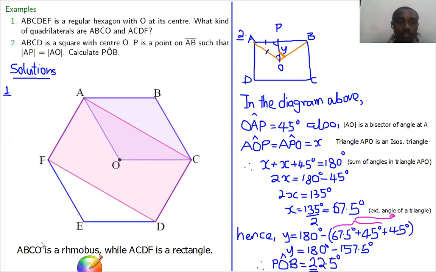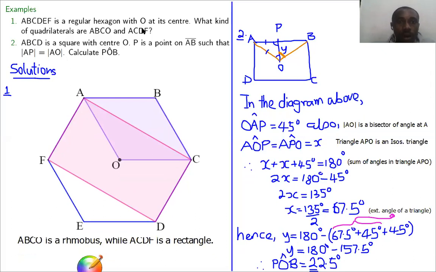Then we're told what kind of quadrilaterals are ABCO. I drew this shape using GeoGebra and imported it into this writing platform. So if you can, let's look at the purple line from this point A, B, C, O. Can you see it?